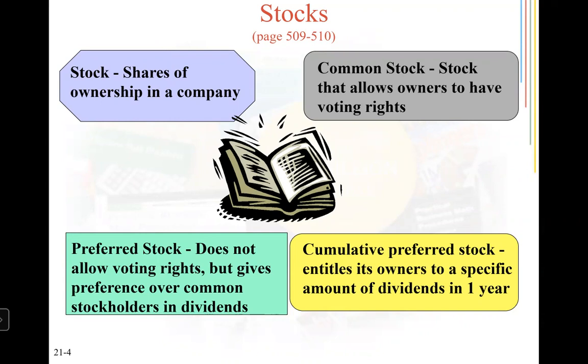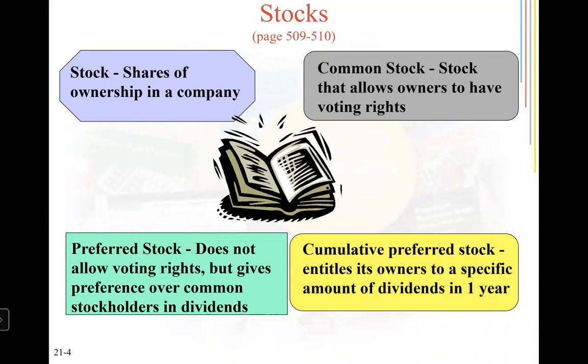Now, they also have what is called preferred stock. Those persons do not have voting rights, but they tend to be fewer persons who have preferred stocks. Usually it would be the persons who start the business who would have the preferred stocks, but even though they don't have voting rights, they're given preference in terms of payouts.